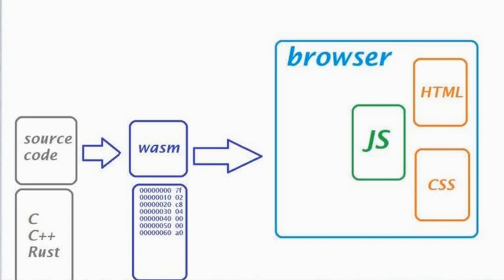Now the question comes to my mind: why are we doing such things? What is the need? The first thing that comes to my mind is speed. As I said, JavaScript requires some time for parsing, compiling and then optimizing everything, whereas WASM is a binary file which can be executed directly.